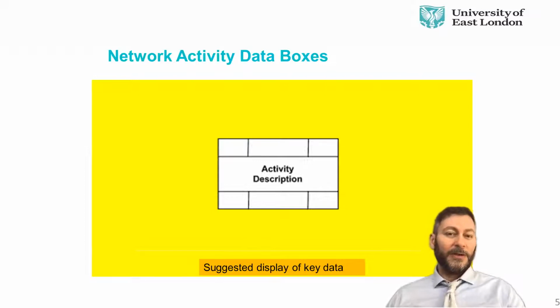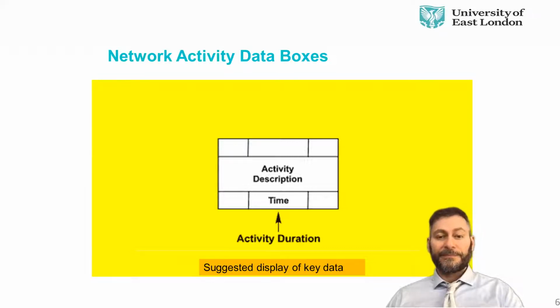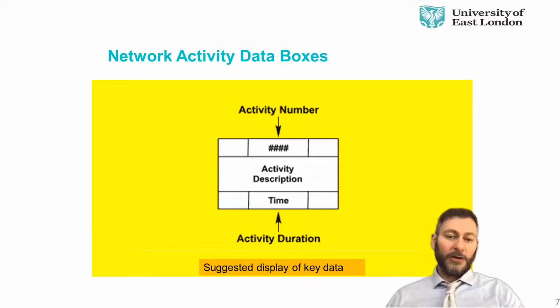Many people don't, to make it easier and faster to draw the diagram. So in exams and such, check with your tutor whether they want you to write the activity description there. But what you can't miss is indicating the duration of the activity and the letter of the activity. On the top, you put the letter A, B, C, D, and on the bottom, you indicate how long this activity needs. This should be the easy part of the diagram.